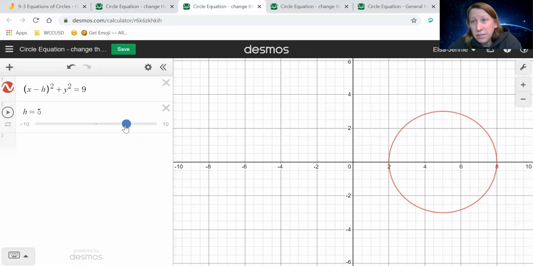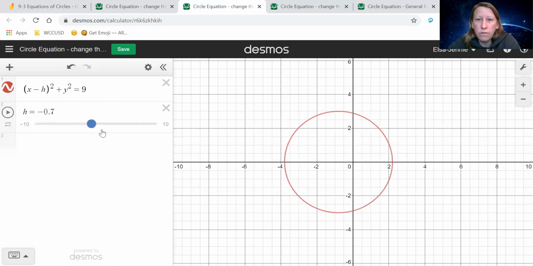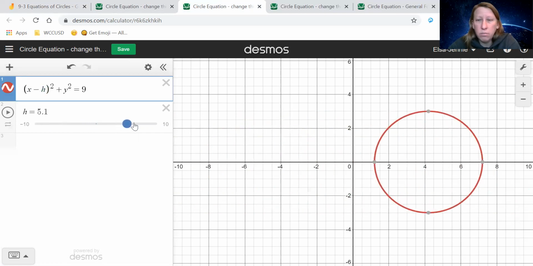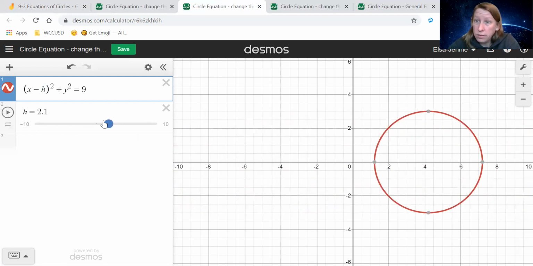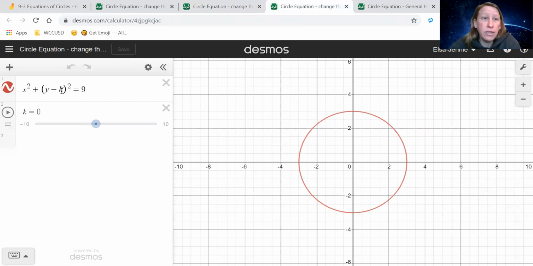It slid over. This is a horizontal change. That's one reason why they chose H. And I can also slide it back and forth. If I change the number right here, it's going to move the center of the circle horizontally. All right, what if I change the K, the one inside with the Y?